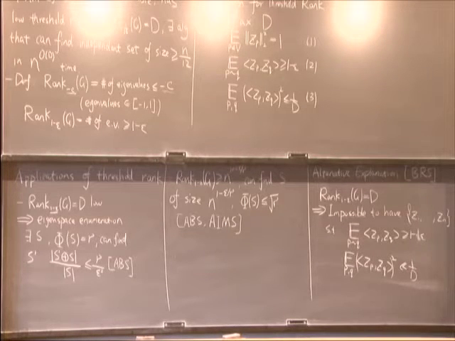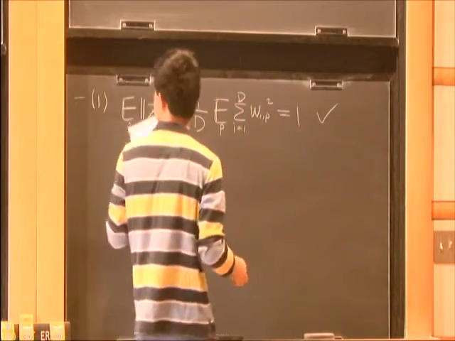But this is actually the sum of squares of all numbers in this matrix. So we have this normalization factor 1 over d because here is square root d, and then the expectation over P, sum of i from 1 to D, W_i(P) squared. Then you switch the sum with expectation, and it's clear this is just 1. So equation 1 is satisfied.